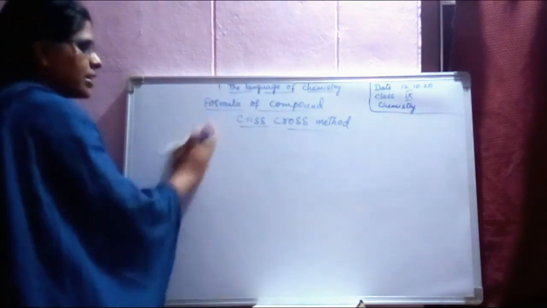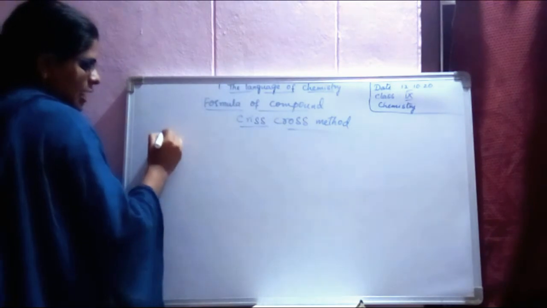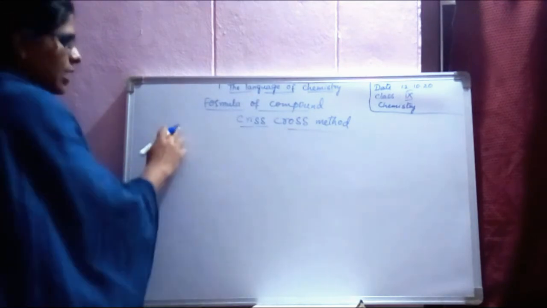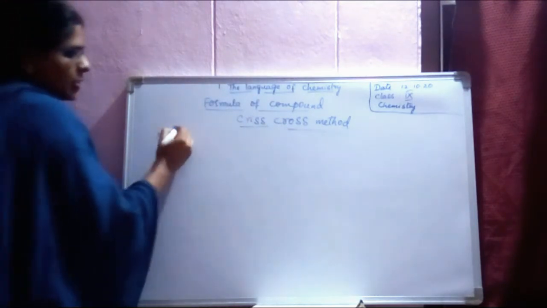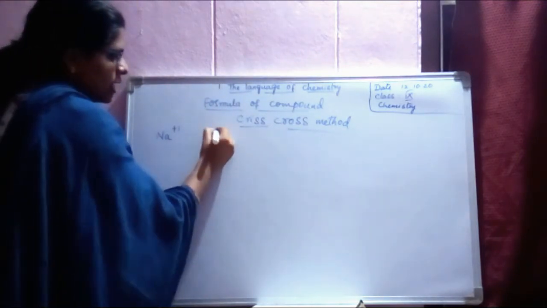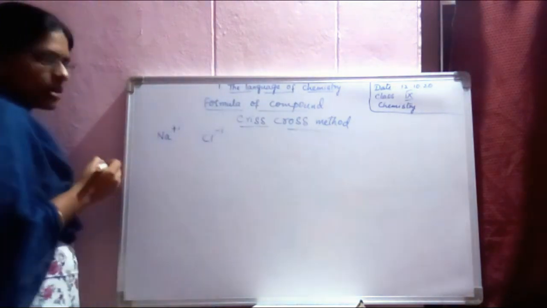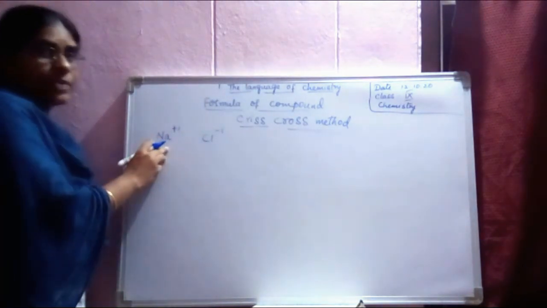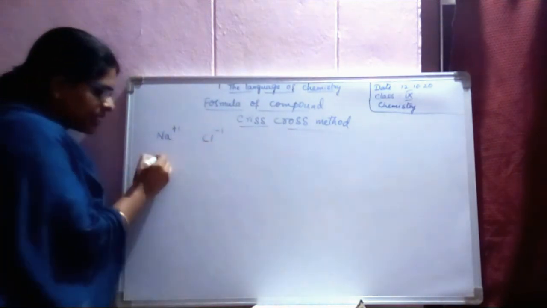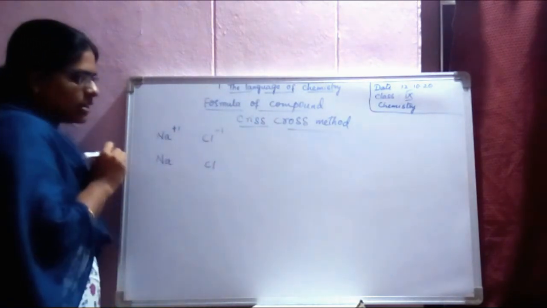Now let us take simple examples. Say Na plus. I haven't written any number here, that means there is 1. Next is Cl minus. Here also minus indicates there is 1. Now look here. First you write one cation, one anion. Next again write the symbols, NaCl.